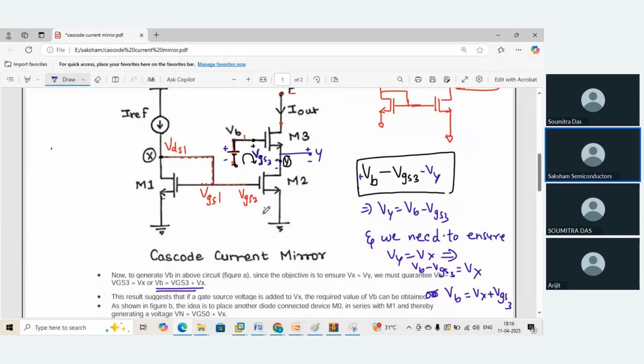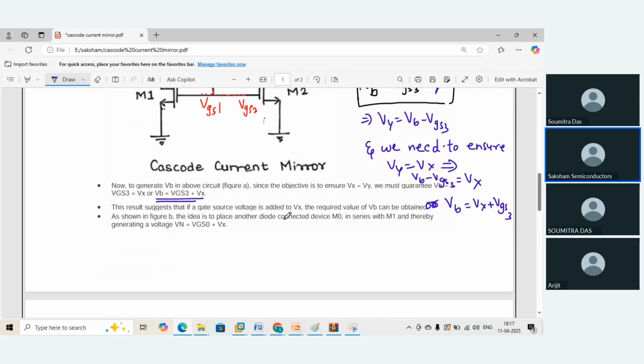So if I somehow make sure my bias voltage of the M3 transistor is equal to Vx plus VGS3, then my job is done. I can say that Vx is equal to Vy, or VDS1 is equal to VDS2. So this is going to ensure that my practical current mirror is obtained and there is no drop in the gain of the current mirror circuit.